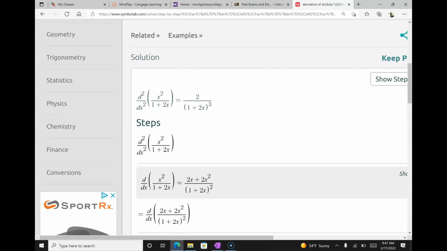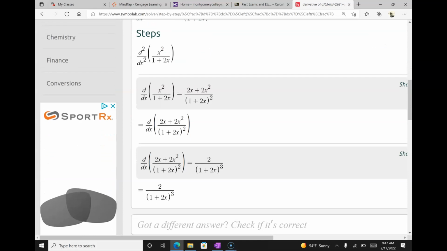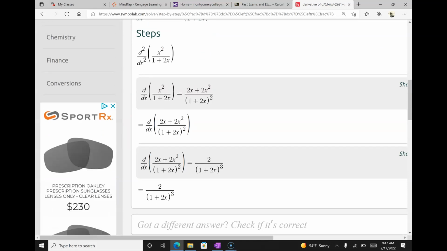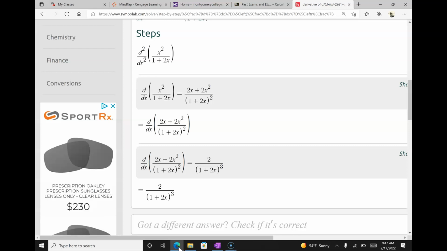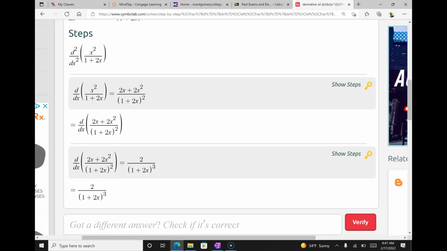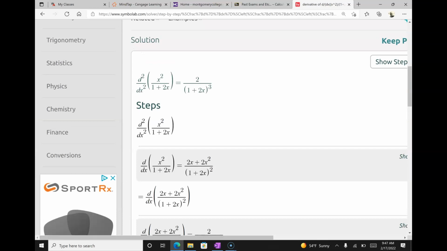It shows you steps too. You can see it. There's my first derivative, and then it took the derivative of it, and I can show the steps over here on the right. Not bad, right?